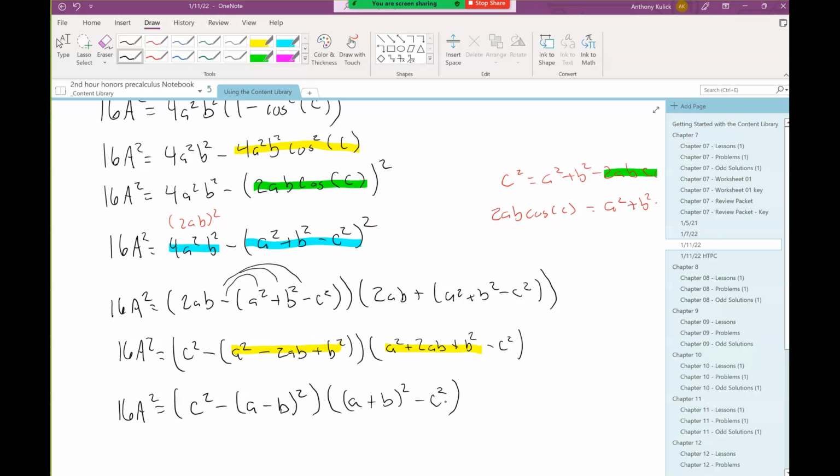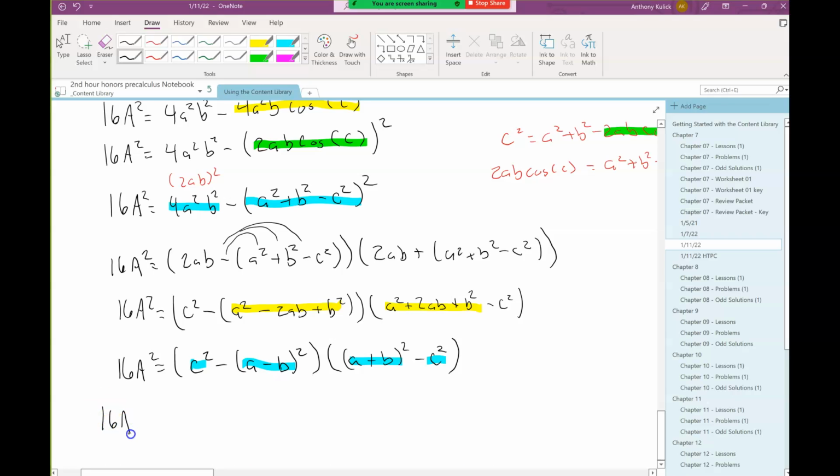So far, so good. If I look now, I see two sets of difference of two squares. Look at all this lovely factoring we're doing here.